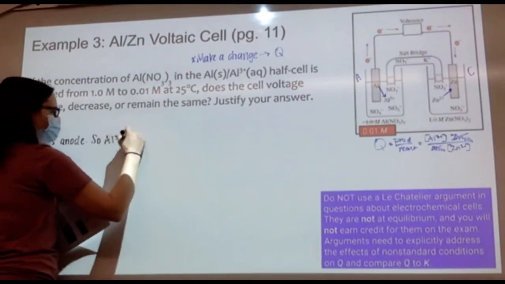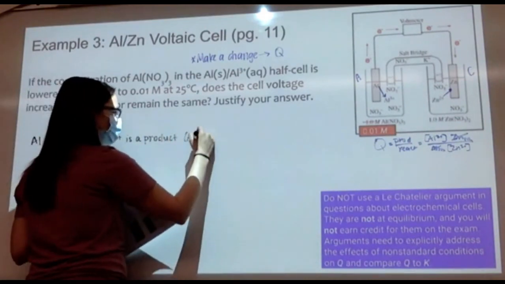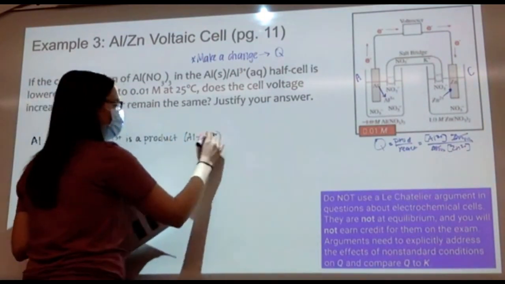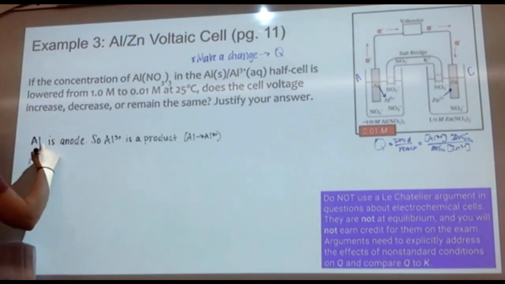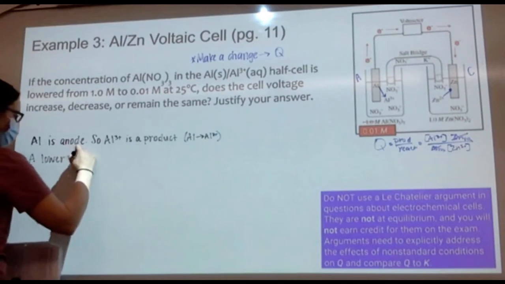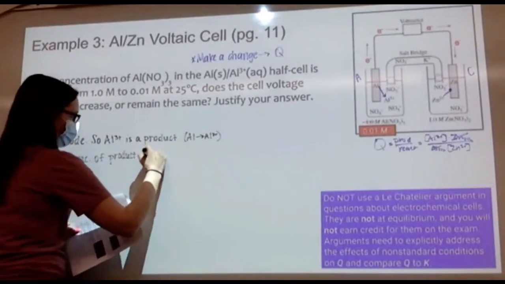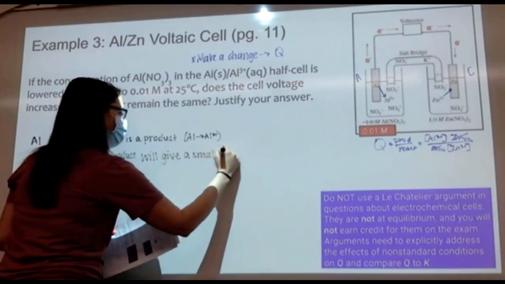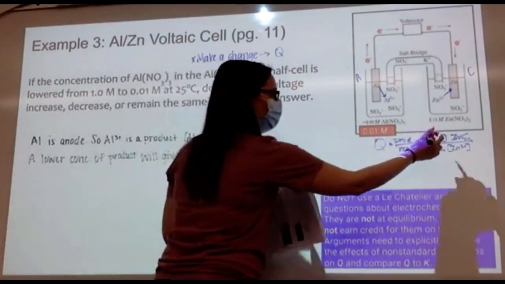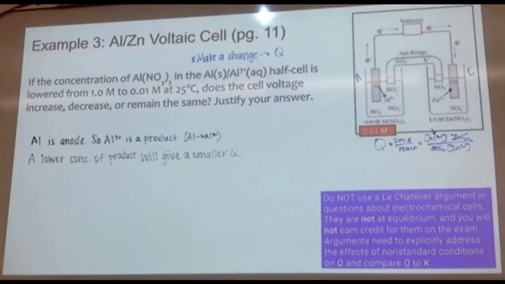So Al3+ is a product. I'm just going to put this in parentheses, Al to Al3+. I know I left out the electrons, but that's okay. We're just focusing on the substances themselves. So a lower concentration of product will give a smaller Q. Right, over here, if we're lowering Al3+, we're decreasing the amount in the numerator, we're going to decrease Q.